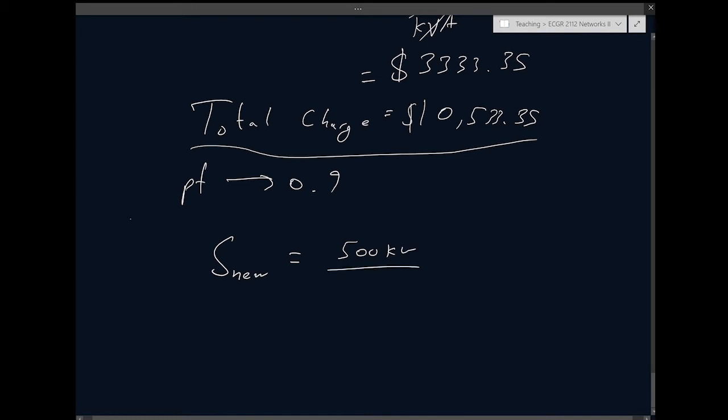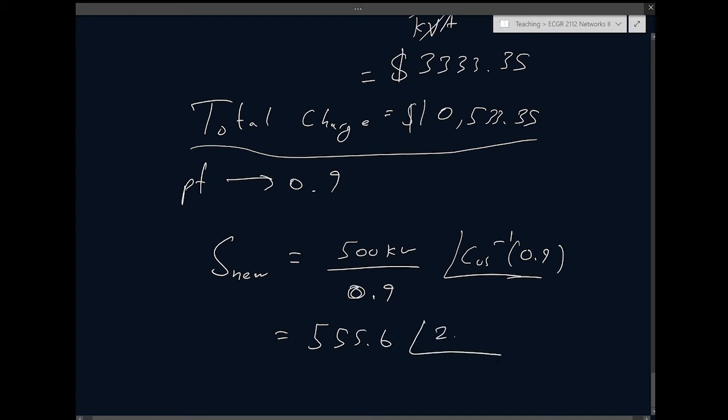Now by adding the caps, let's say they raise the power factor to 0.9. So this is their new apparent power, and their new angle is going to be cosine inverse 0.9. So this is equal to 555.6 kVA, and the angle now is 25.84 degrees.